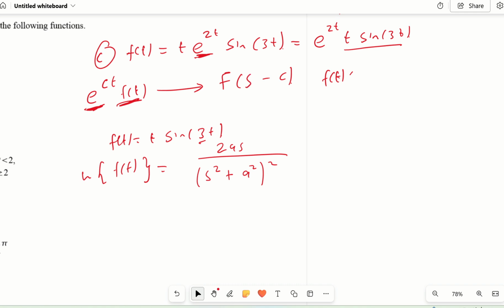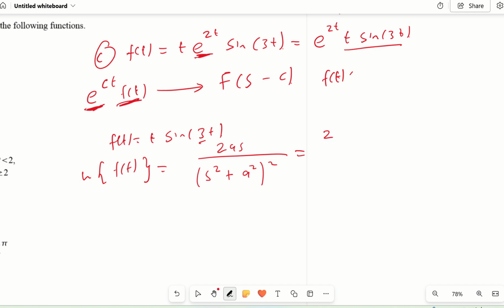Yeah. So as you can see here, it's f of s minus c. So that means whenever we see s, we're going to substitute s minus c, and our c is 2.